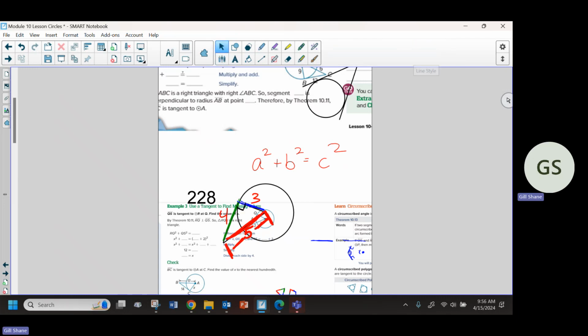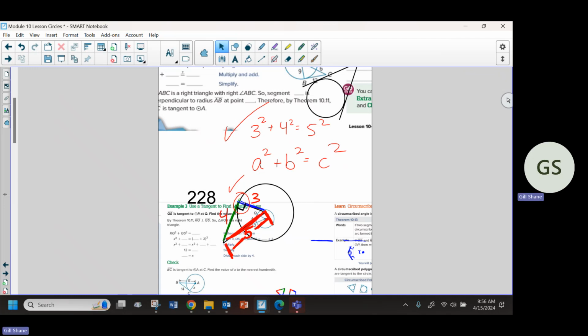So if I do a squared, b squared, c squared, I get 3 squared plus 4 squared equals 5 squared, which, yes, if you do the math, is a right triangle. So that is a right angle, and then the green line has to be a tangent line. The only way it can be at a right angle is if it is tangent to the radius of the circle or the diameter of the circle.